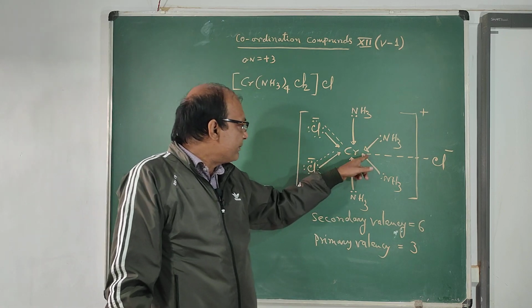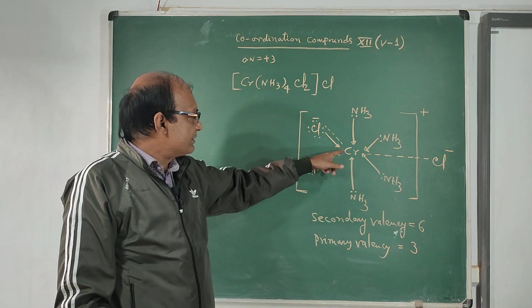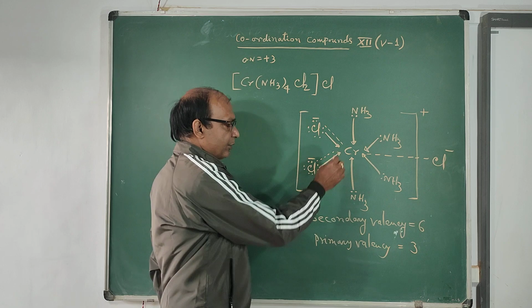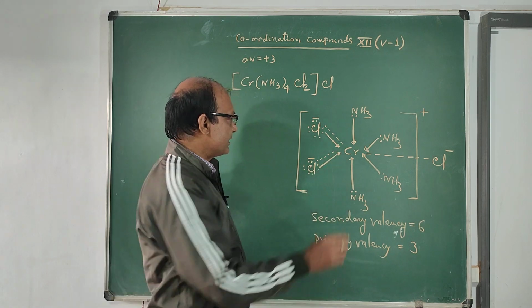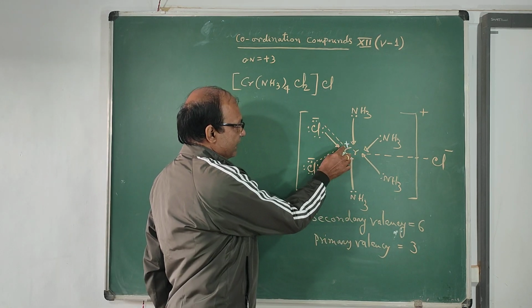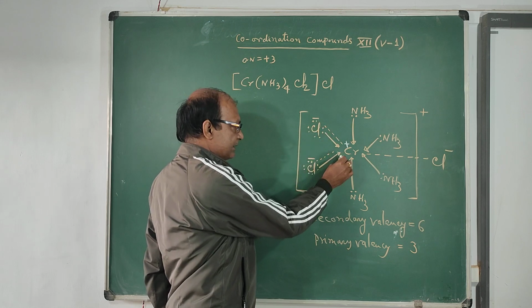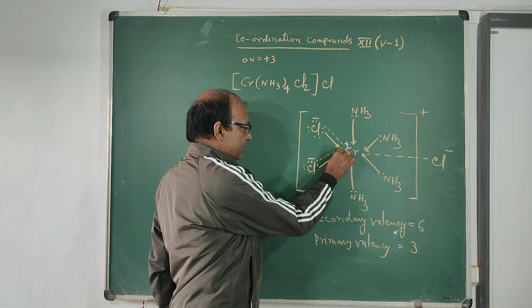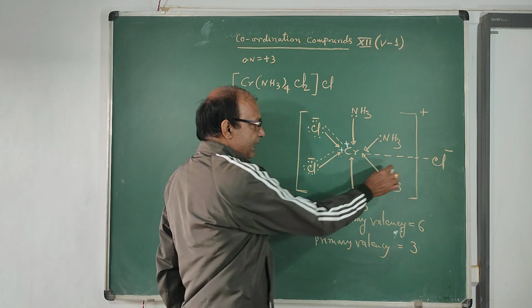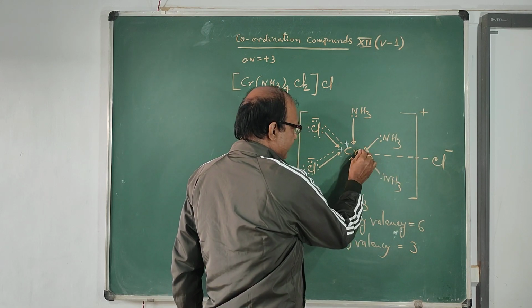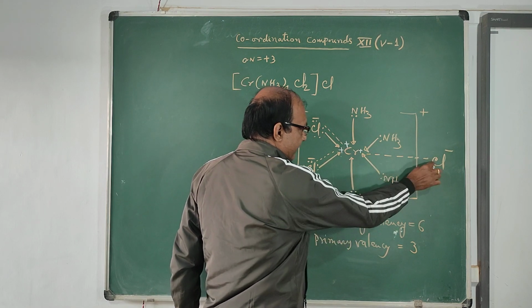For chromium with 3 positive charges, 1 positive charge is satisfied by one chloride, another by another chloride, and another by another chloride.